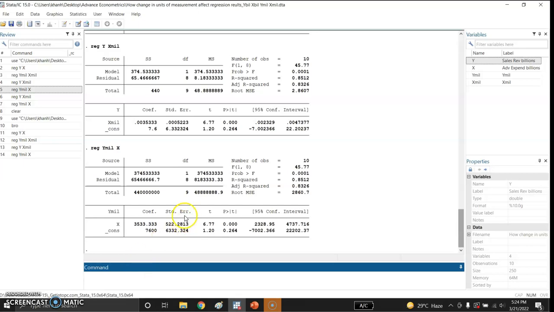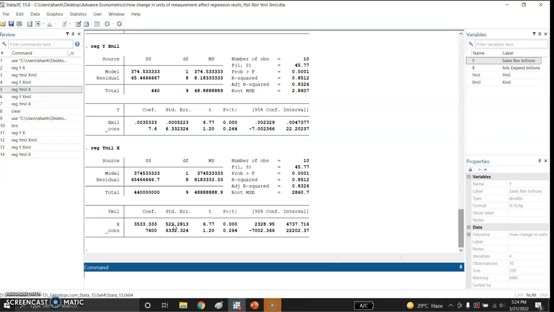Now F statistic is the same, its p value is the same, adjusted R square is the same, R square is the same, t values are the same, but now this time the slope and the intercept term as well as their standard errors are 1000 times the values in regression number 1, in which both the variables were measured in billions.